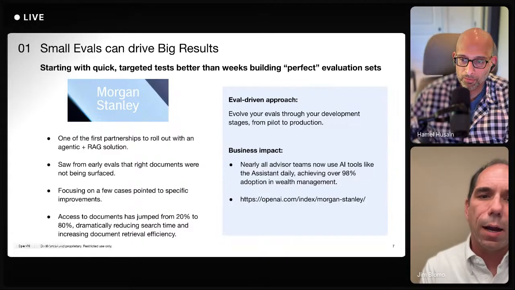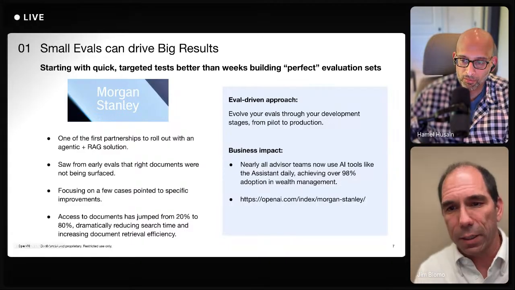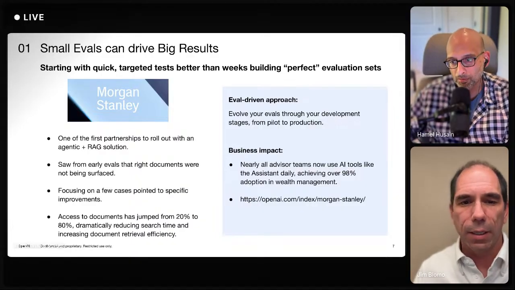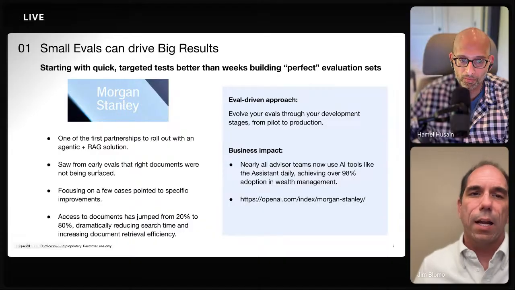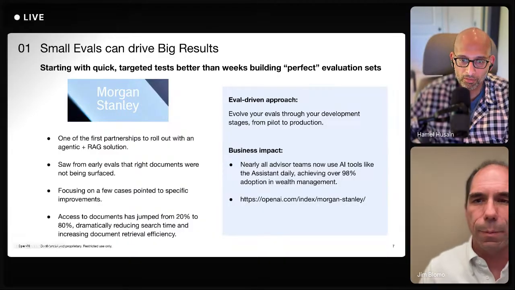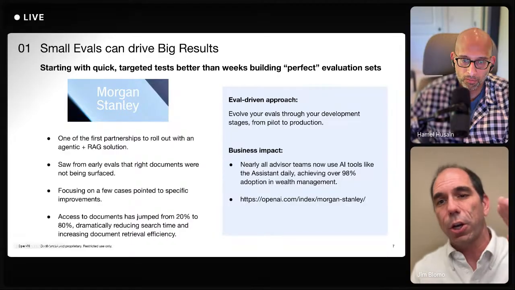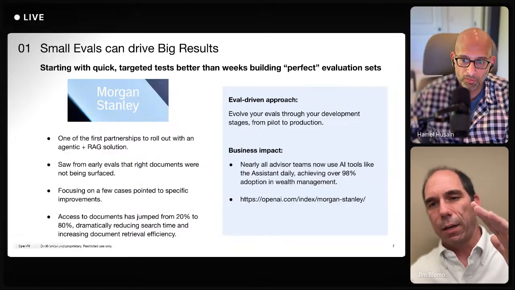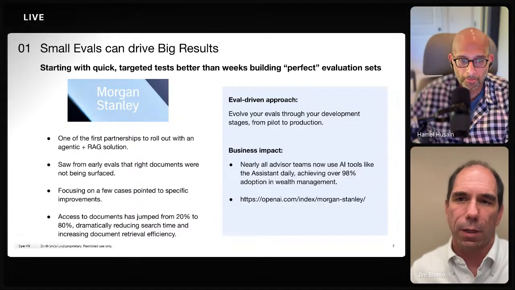Being able to utilize Morgan Stanley's corpus of relevant documents, as you can see here, moved up from 20 to 80%. Depending on how you're measuring recall across different queries, this is a little bit different, but it does show that we're able to access more of that full corpus for the purposes of this tool.